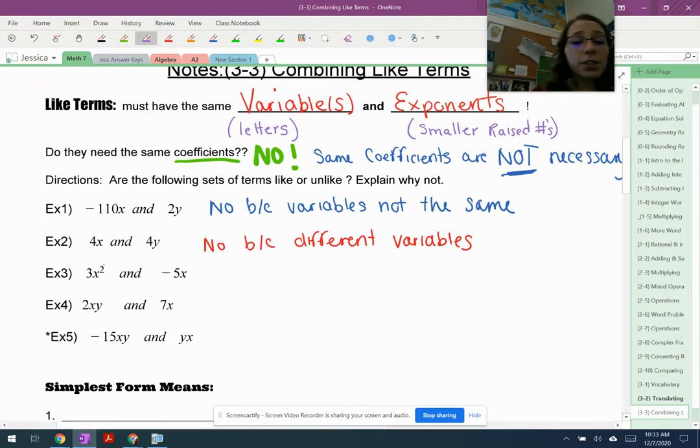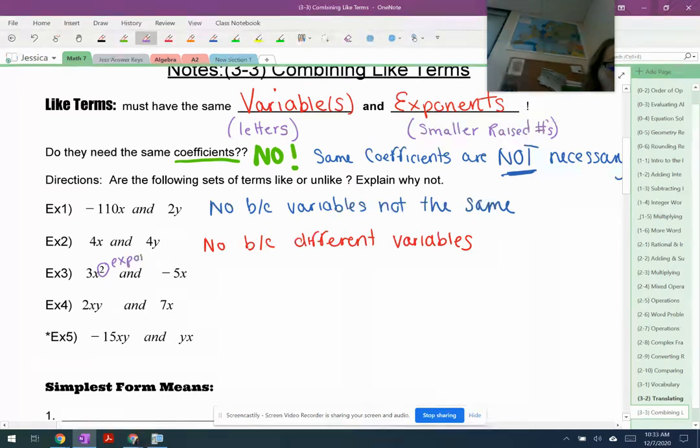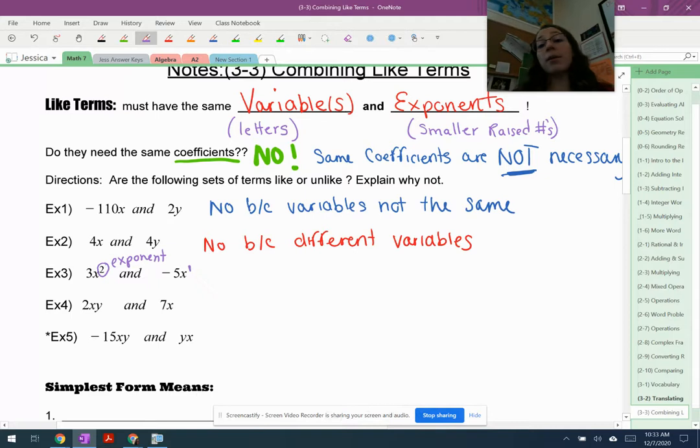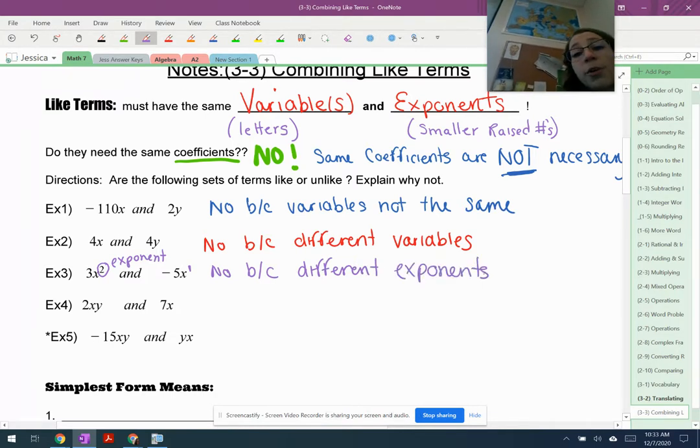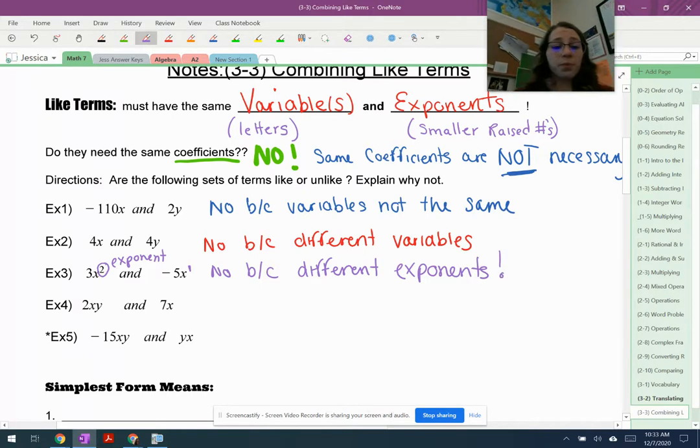You'll see the first expression has an exponent of 2, and then the second expression has an exponent of 1 there because I don't see one. So these are not like terms because they have different exponents. Those exponents don't line up.